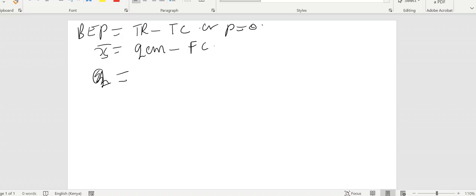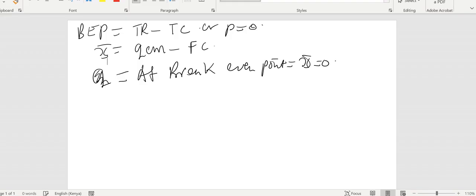What we are saying is that at a break-even point, profit is equal to 0. So number one, you can be asked to get the break-even point in units.